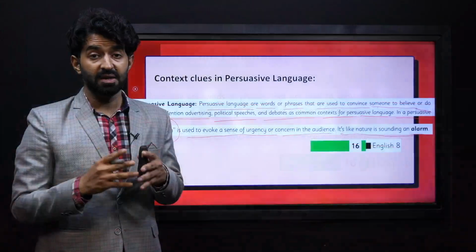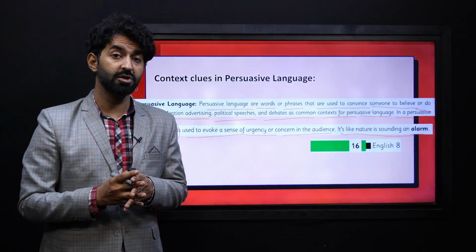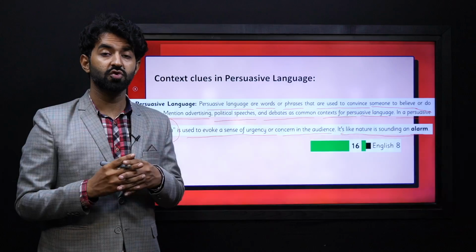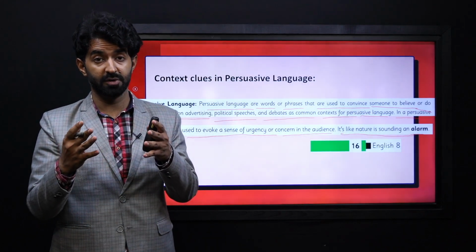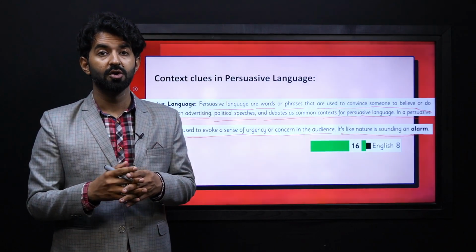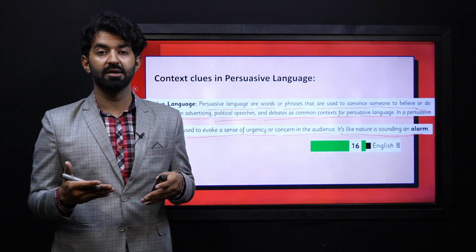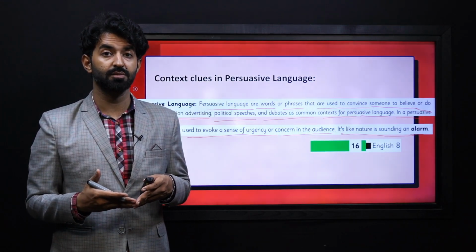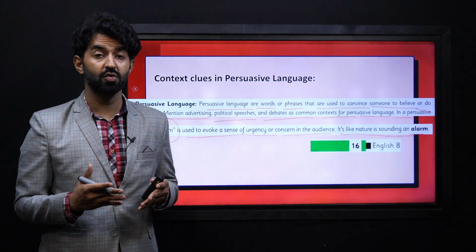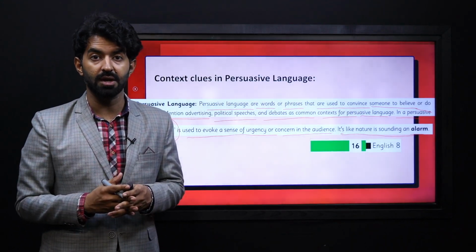So in this kind of persuasive language, the word alarm is used to alarm the person that you are persuading, or the audience, to make them realize that this is something very urgent and you need to take action urgently.